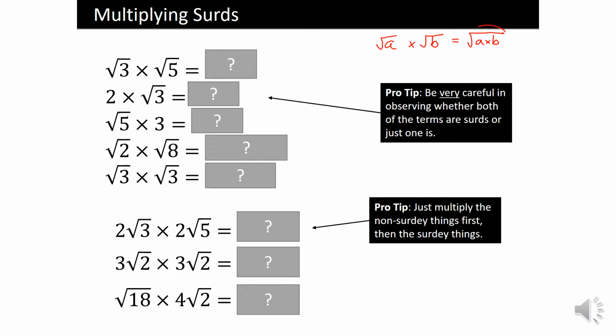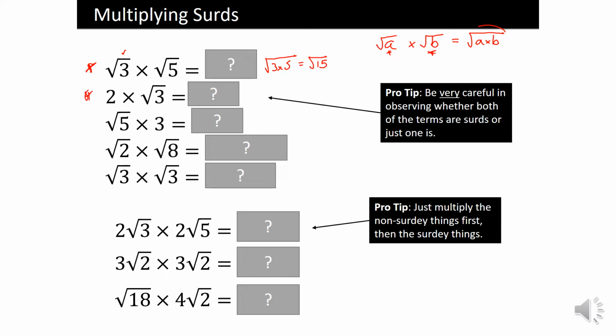So starting over here, we've got root 3 times root 5. We use our rule, so we've got root of something times the root of something else. We can write that as root of 3 times 5, so root 15, if we were to write that as one square root. We've not seen one like this yet.